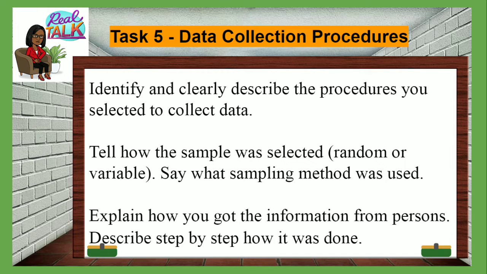In part 1 of the video, I would have explained to you the different types of sampling methods or techniques that can be used. At this stage, you're just saying which one you used. You are also required to explain how you got the information from persons. Describe step by step how it was done.